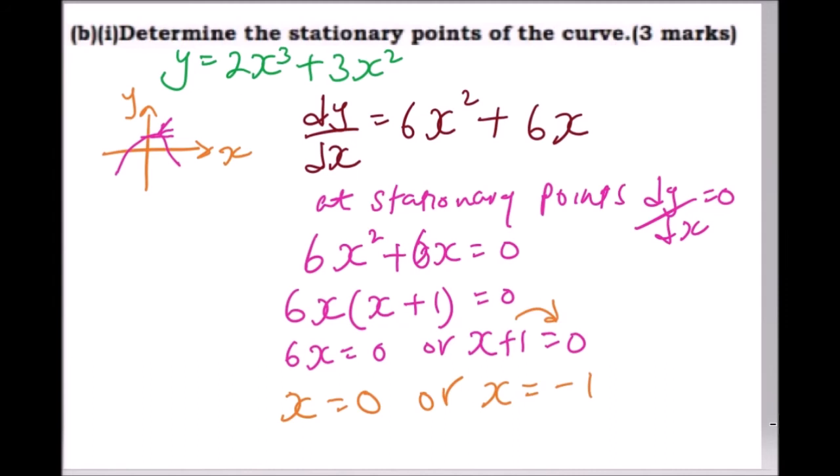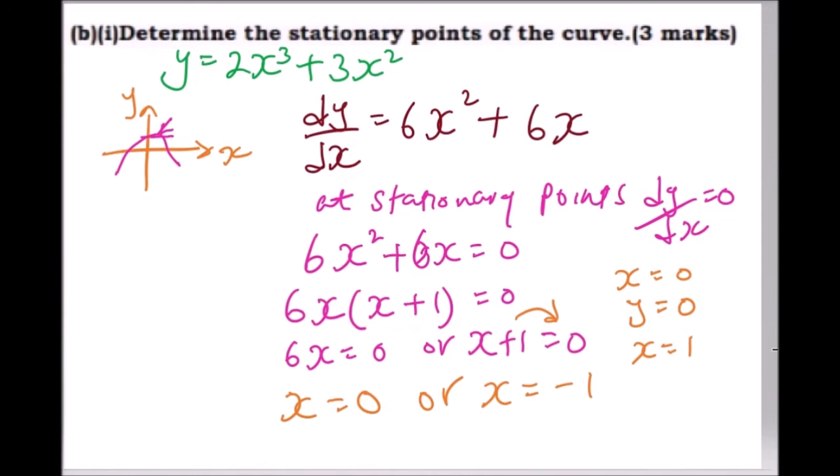So these are the stationary points, and therefore you can substitute x equal to 0 in our function. You find y here: 2 times 0 cubed plus 3 times 0 squared will give you 0. So y is equal to 0. If you substitute x equal to 1, this will give us 1 cubed is 1, 1 squared is 1, so 2 plus 3, and that should give us 5.